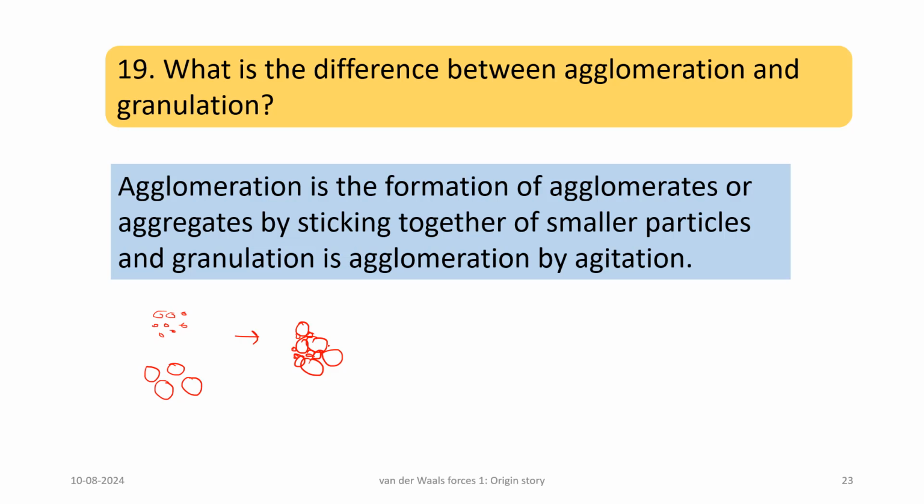That is the mechanism of agglomeration. In granulation, the same thing happens, but the mixing happens with agitation. The agglomeration between these different types of particles happens with an external force, that is agitation, and then it is called granulation. Otherwise agglomeration and granulation are kind of the same, but there is a very fine difference: granulation is agglomeration by agitation. Here in granulation we need some external force.